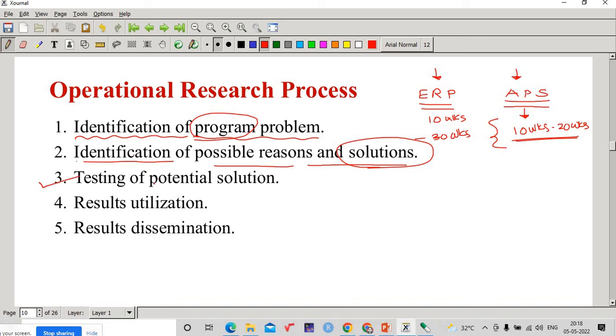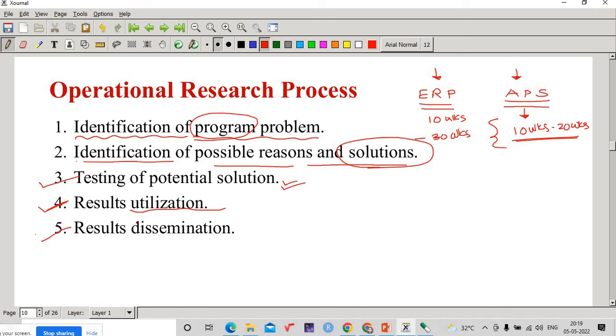Testing the potential solution. Obviously, if a solution is given, whether it is feasible or not should be checked. So testing is very important. Result utilization. How the solution provided, whether it is feasible or non-feasible, and if it is feasible, whether it is utilized properly or not, should also be checked.